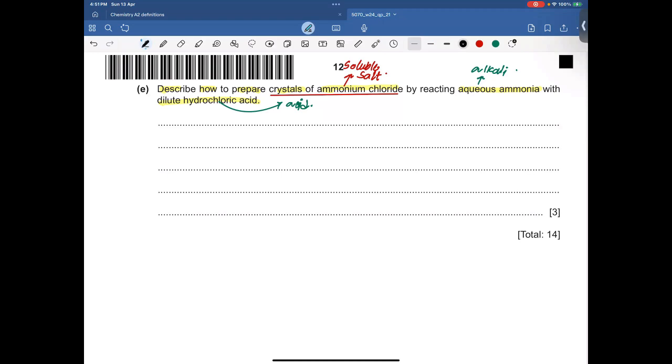So in the first line, a titration occurs between aqueous ammonia and dilute HCl using an indicator.